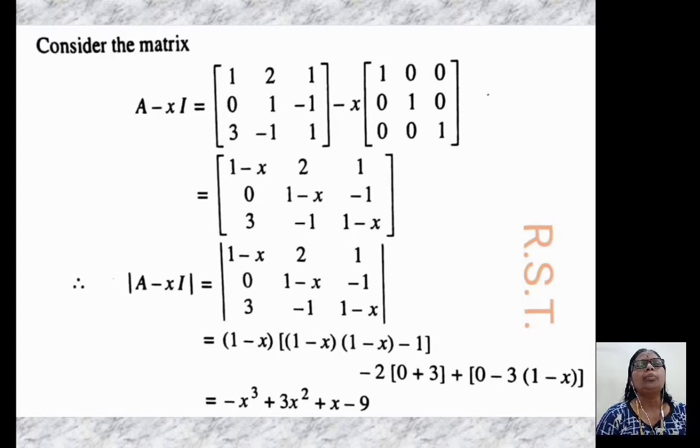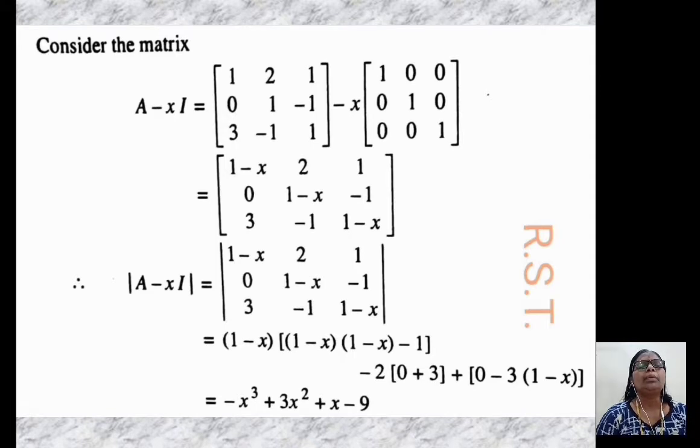Hence, determinant of A minus xI equals the determinant of order 3 by 3, whose first row is 1 minus x, 2, 1. Second row is 0, 1 minus x, minus 1. Third row is 3, minus 1, 1 minus x. We have to solve this determinant.